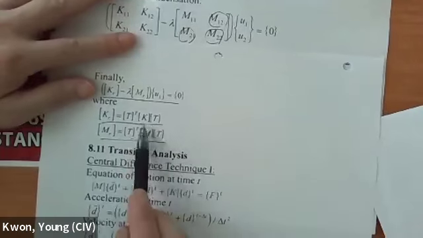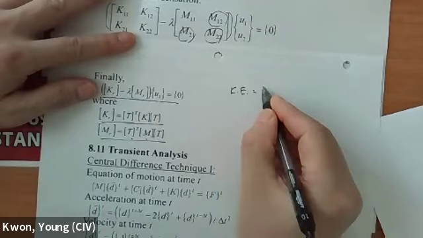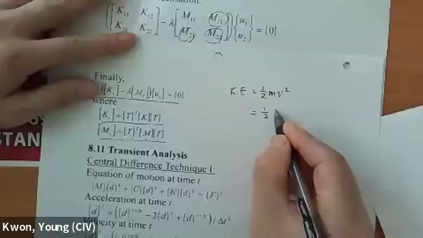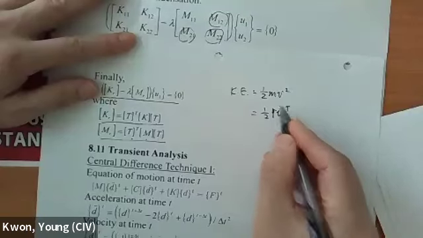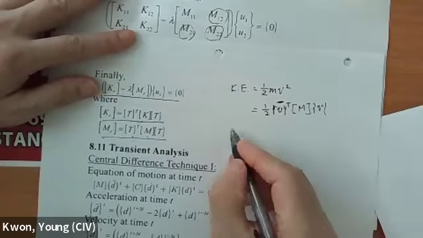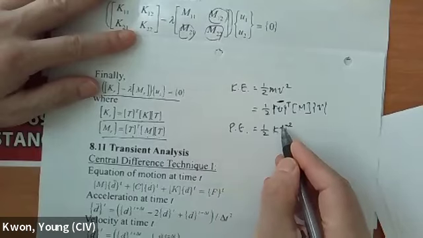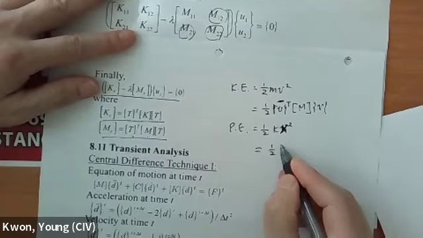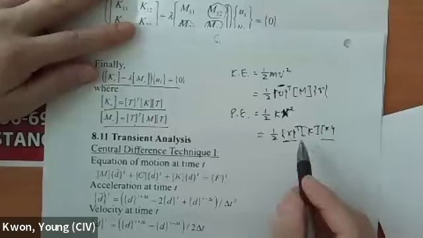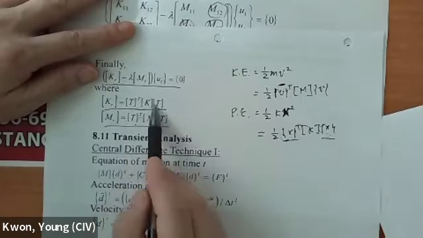Okay, where we get this kind of expression is, you can look at the kinetic energy, one half V transpose M V, and then the potential energy, one half X transpose K X. So you have the transpose in front and the post-multiplication like that.